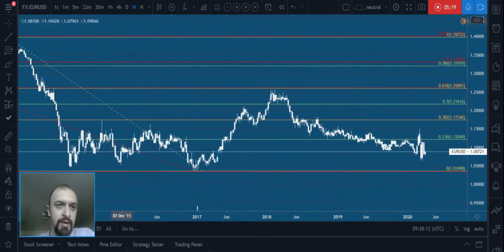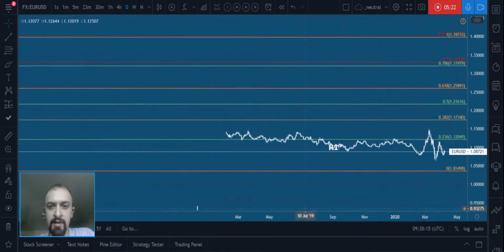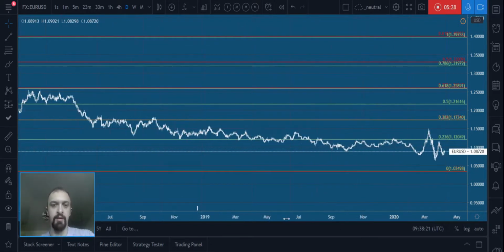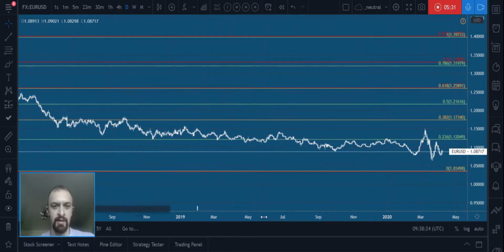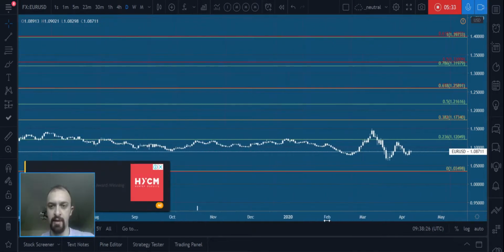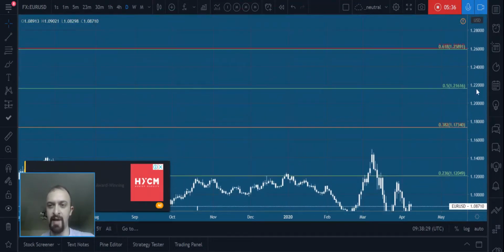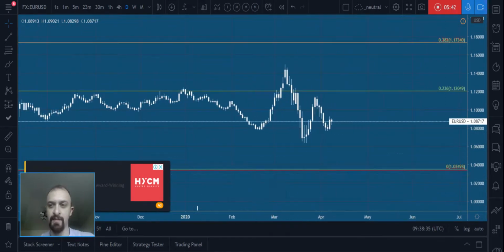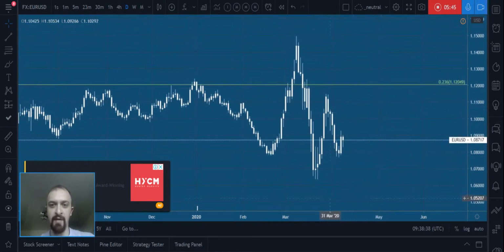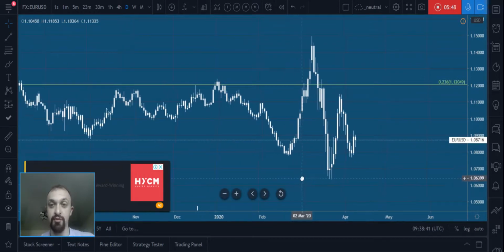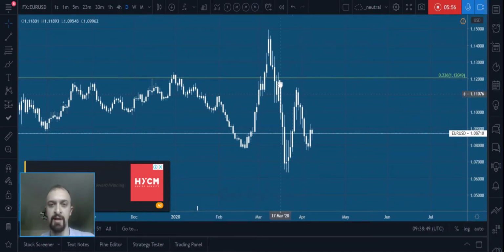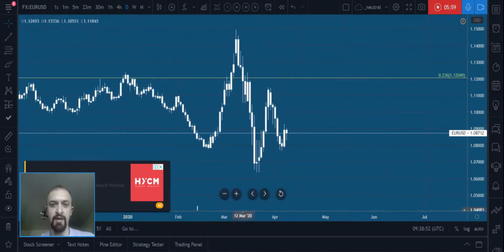Then I'm gonna switch to daily chart, and what we have here on a daily chart, the price action was just a mess during the last several weeks. So I have a very interesting situation, but I'm gonna use the last action, okay, the last downtrend of Euro USD currency pair.